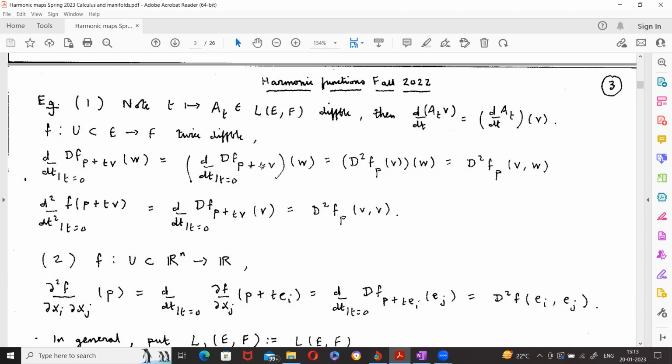The derivative of the curve P plus tV is just the constant vector V. And the derivative of the map x goes to df at x is the second derivative, right? So d/dt at t equal to 0 of df of P plus tV is nothing but d squared f at P applied to V. And then I apply that to W. By definition, this is the bilinear map d squared f at P applied to V comma W.